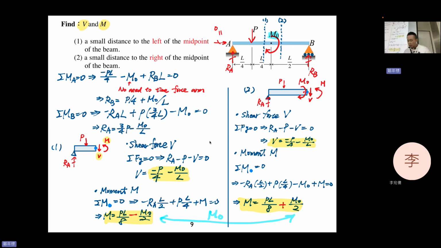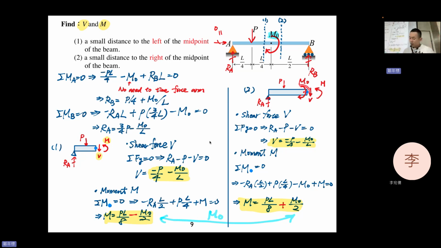You can imagine that you have M0 like this. If you need to maintain the balance with this extra M0 applied, you need a counter moment M in the material. Otherwise, this material will fly away or rotate like hell, right?